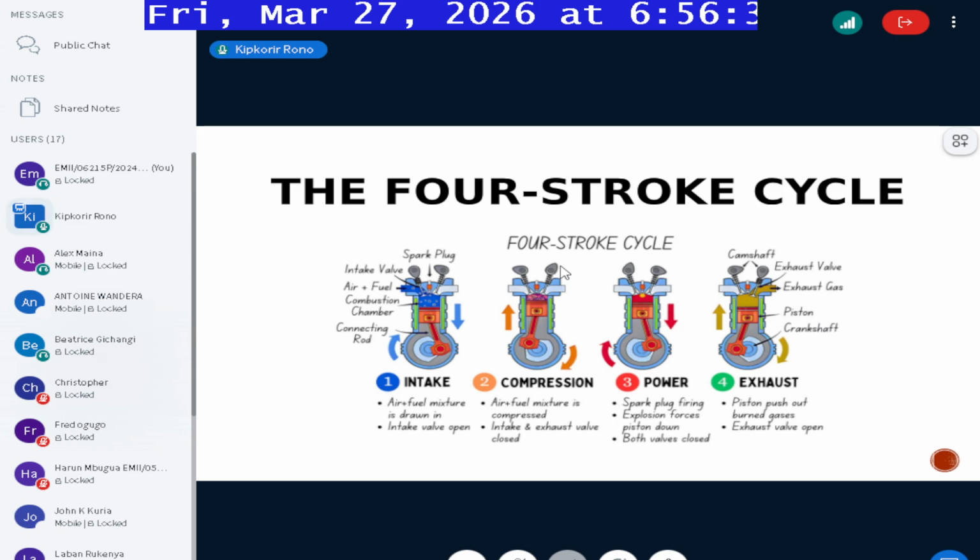Ideally, we normally have an air-fuel ratio of about 14:1, which means 14 parts of air to 1 part of fuel. So you need 14 parts of air to combust 1 part of fuel. This is a ratio, all right?